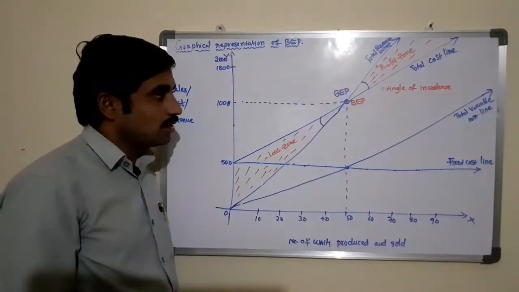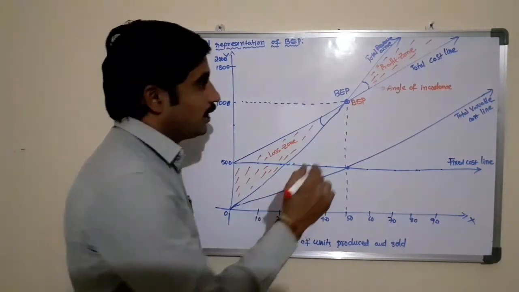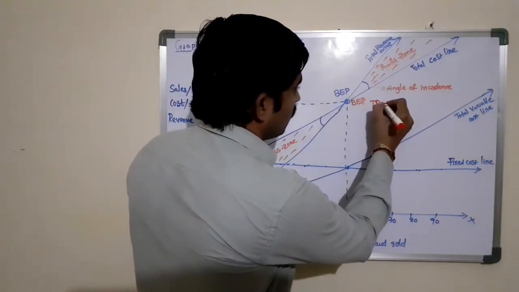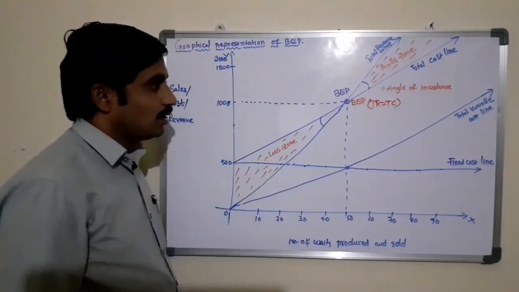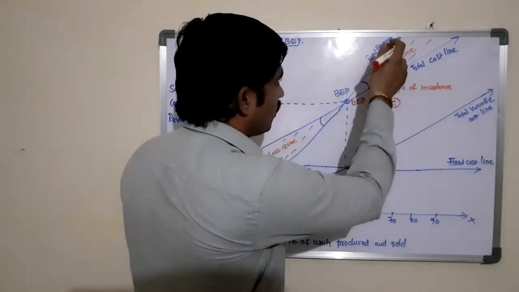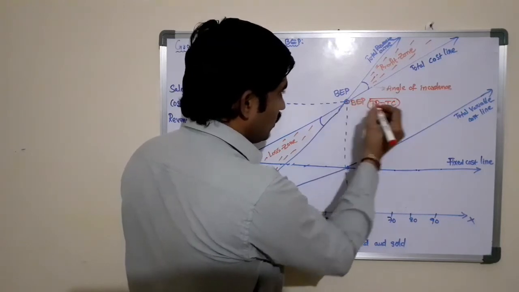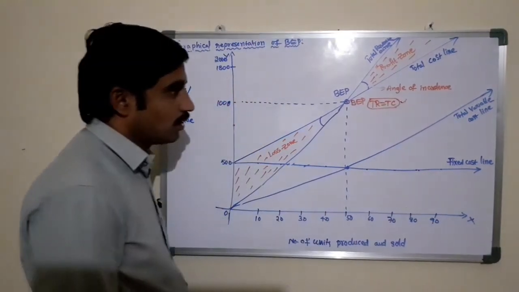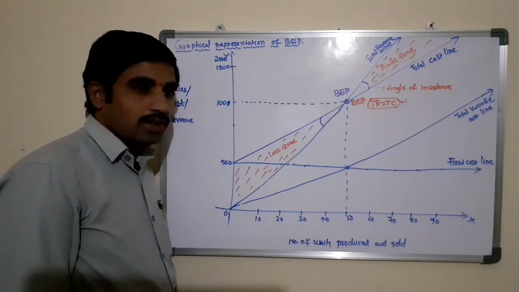As we have discussed, the break-even point is the point where total revenue equals total cost. At this point where the total revenue intersects the total cost line, total revenue equals total cost, and that is known as the break-even point.